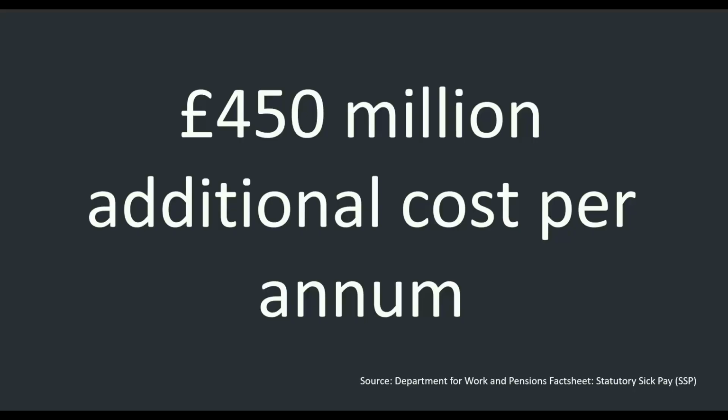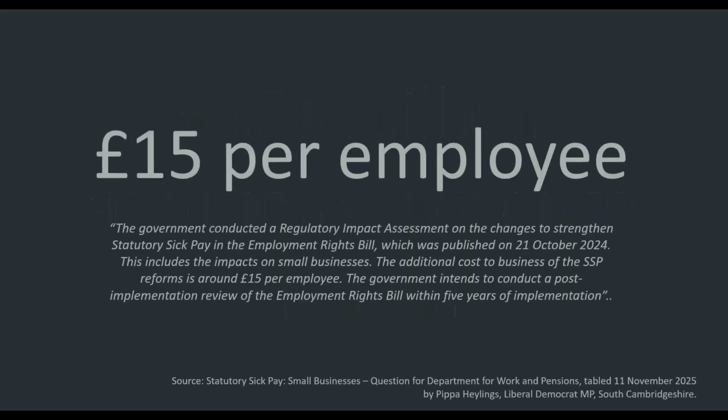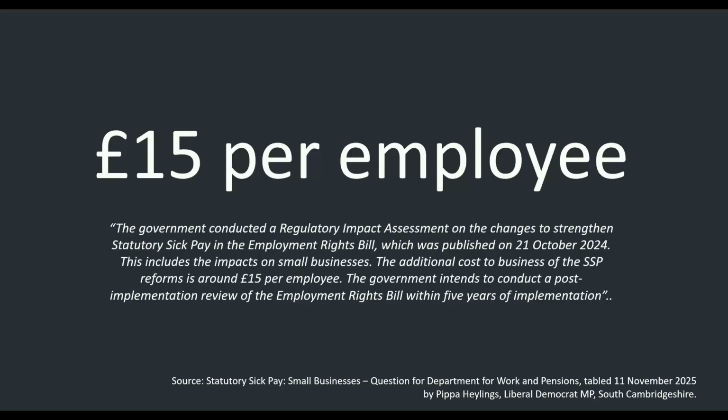But when we delve further, they are also estimating this to be an additional cost of approximately £15 per employee. So they are significant. I'd say it's the biggest change in statutory sick pay in years.